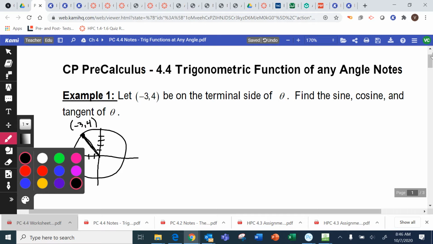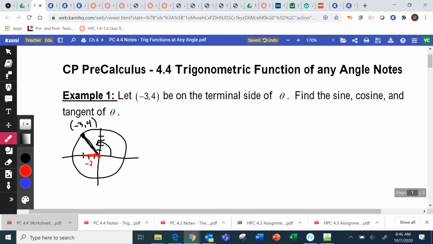So if that's the terminal side, it started at (0, 0), it rotated around to here. If we were going to graph (-3, 4), we would start at (0, 0), go to the left 3, and then go up 4, which would form a right triangle.